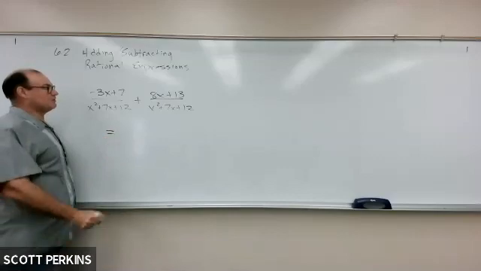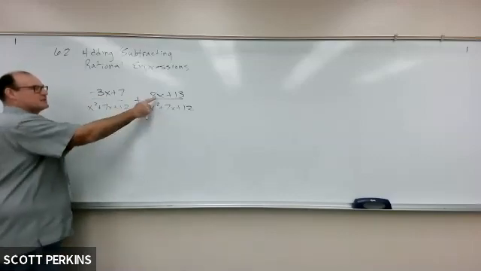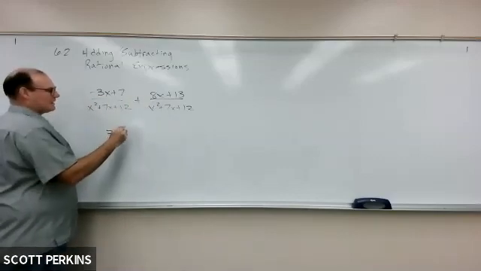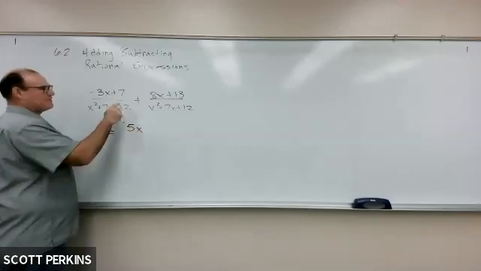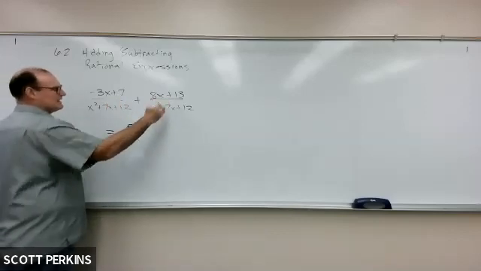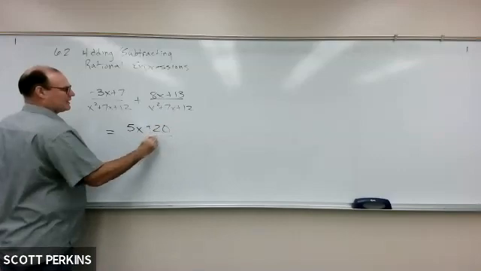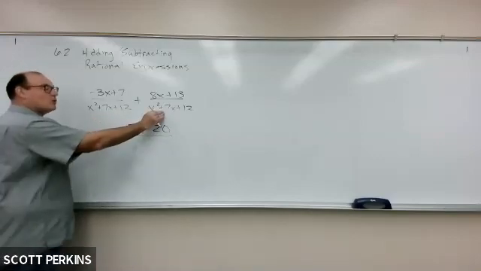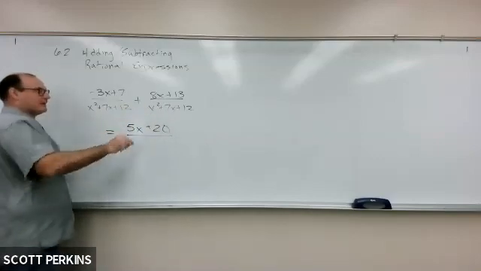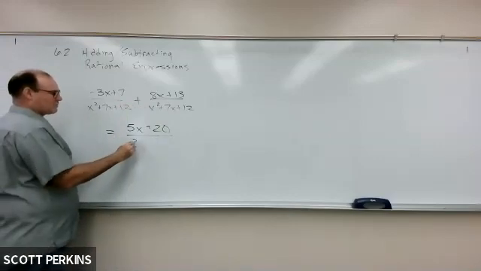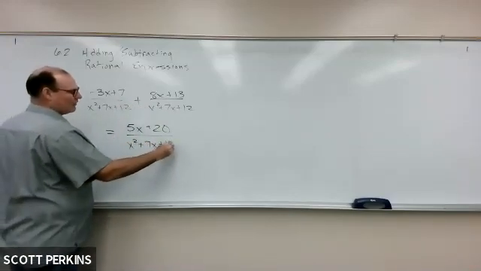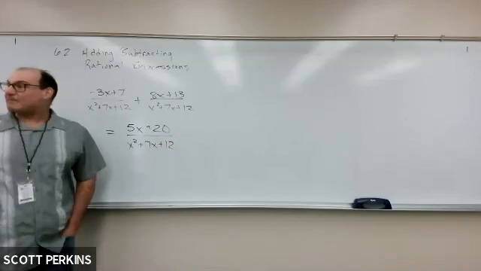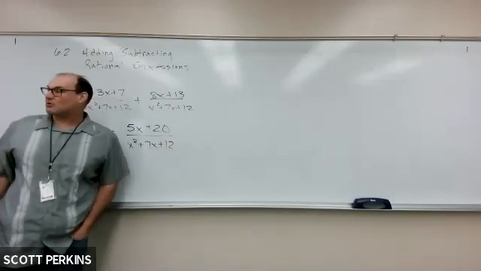I've got some like terms. I've got a negative 3x plus an 8x, so that becomes 5x. I've got 7 plus 13, that becomes 20. The denominator, you leave alone. Once it's common, you have nothing else to do with that, so that is x squared plus 7x plus 12. So if you did that, you did the adding correctly, and that's great.